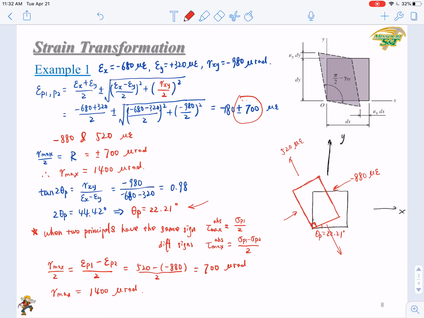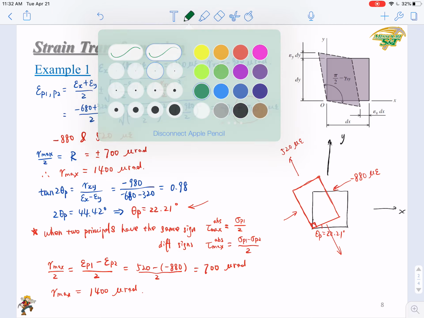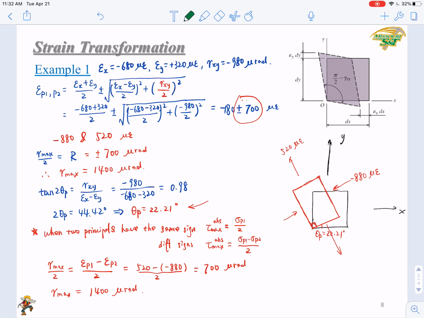So how about the maximum shear strain? Where can you find it? To find the maximum shear strain, you need to further rotate by pi over 4 more, another 45 degrees. After the further rotation, you will get this point.